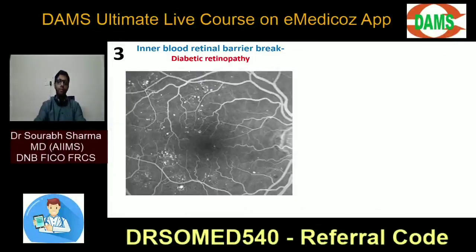Third, very important: inner barrier break, I told you, can be seen in diabetic retinopathy also. Again, if the inner barrier is broken down, the dye will come out. In very early stages of diabetic retinopathy, you can see these hyperfluorescent dots.